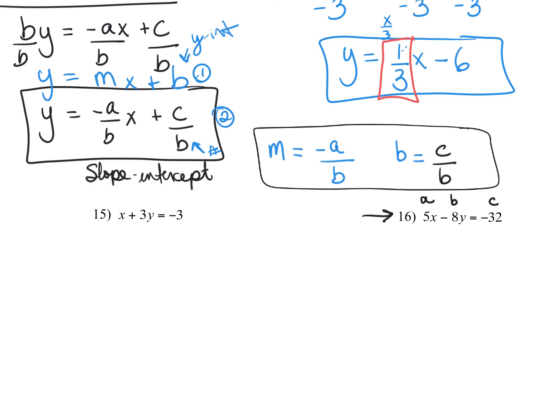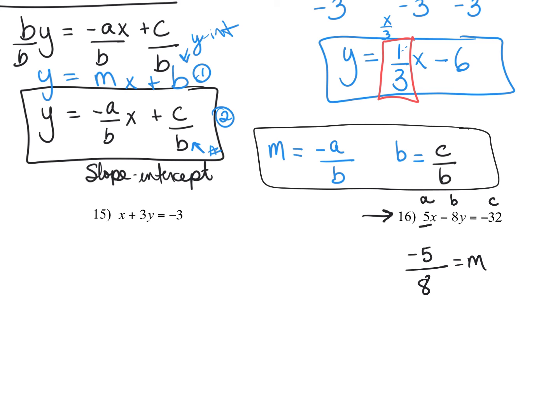So what that means is if I take the opposite, that's what the negative represents. If I take the opposite of A, so positive 5 becomes negative 5, and I put it over B, which is 8, that is my slope.